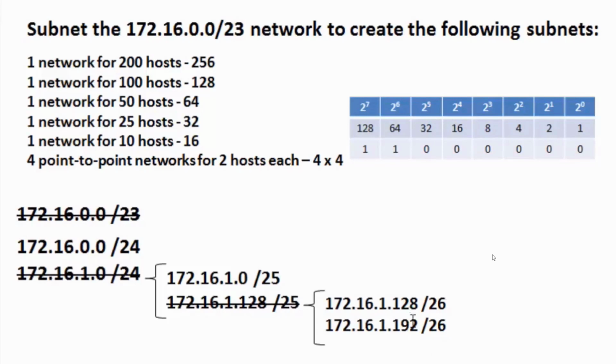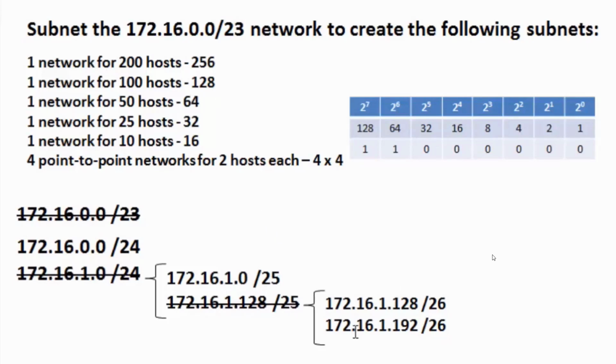Furthermore, with the /26 subnet mask, you only have 1, 2, 3, 4, 5, 6 host bits, and 2 to the 6 power is 64, meaning there's 64 hosts, 62 usable per subnet. I now have my 256 host subnet, I have my 128 host subnet, and my 64 host subnet.